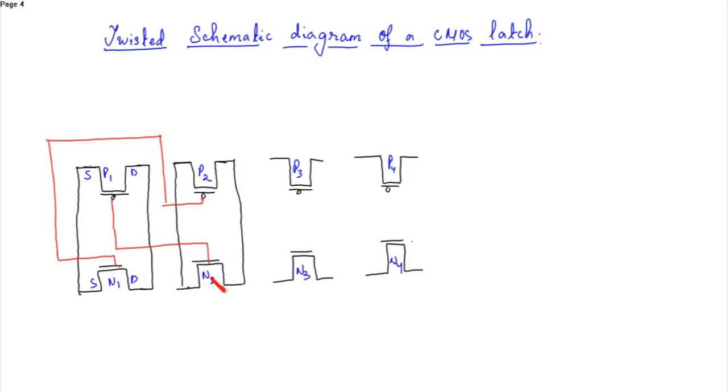Okay, now these are the two inverters. This is the source, this is the drain, source, drain, source, drain and source, drain. The source of the first inverter is connected to VDD, or we can do one thing. We can change this by bringing drain here, source here, or we can change the source by here, so that way we can have a common point.